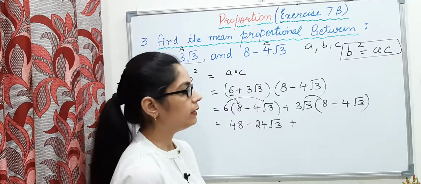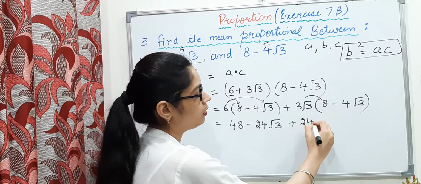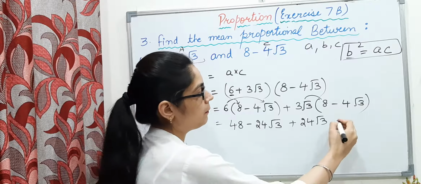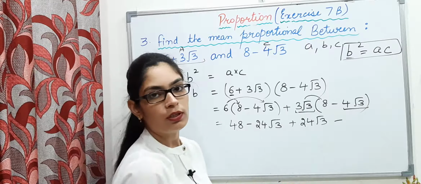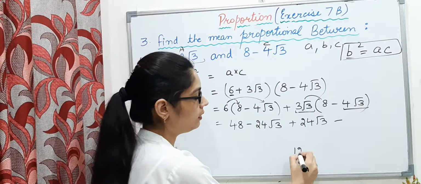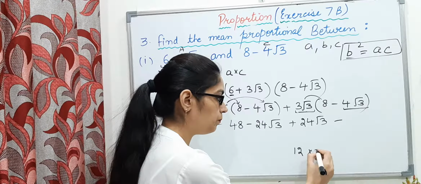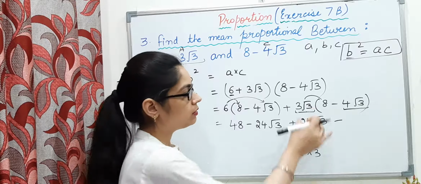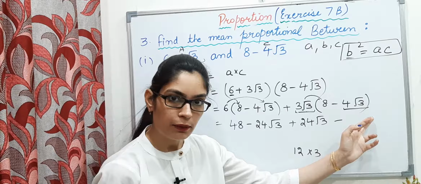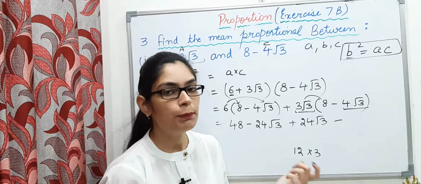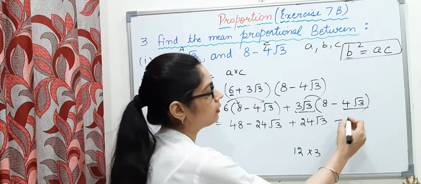See, numbers we can multiply. 3 into 8 is 24, root 3 as it is, minus now 3 root 3 into 4 root 3. 3 into 4 is 12, and root 3 into root 3 is 3. So 12 into 3. See, do this multiplication a little carefully, because when we multiply root 3 by root 3, it will become 3. So 3 into 4, 12, 12 into 3, 36.